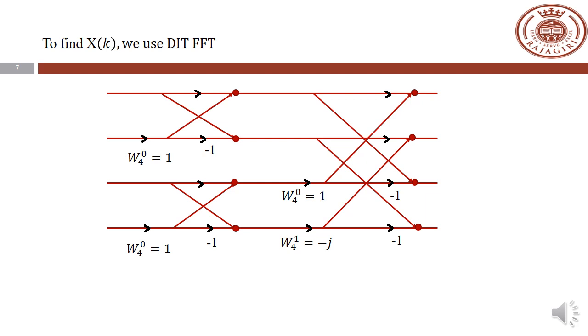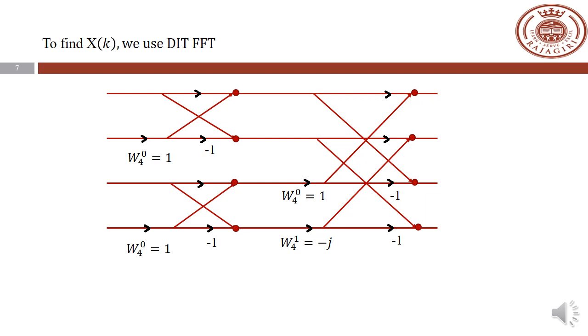I've drawn the DIT FFT structure to compute a 4-point DFT. The structure for DIT has already been discussed in section 1 of module 2. Since we are using DIT, the inputs are in the bit reversed order.